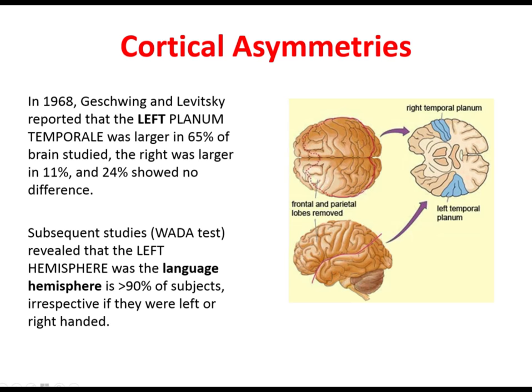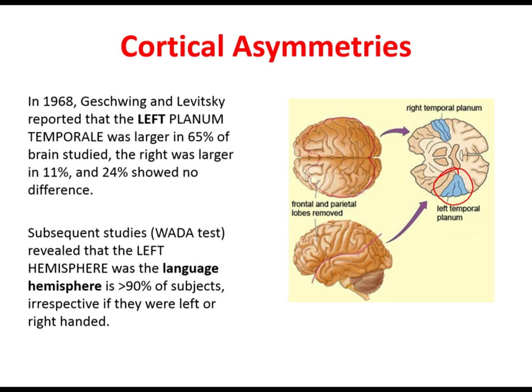They found, in a large number of individuals, and these were post-mortem studies, that the left planum temporale was actually larger than the right planum temporale. So that was their overall conclusion.